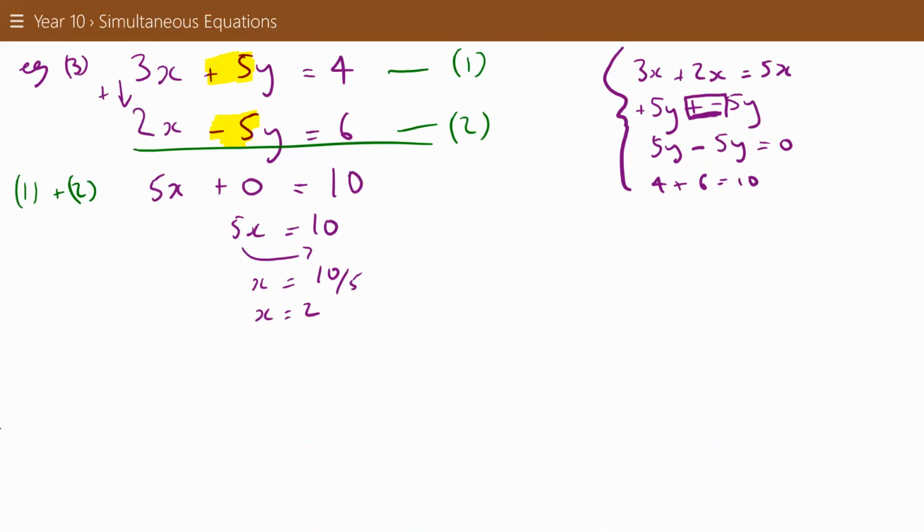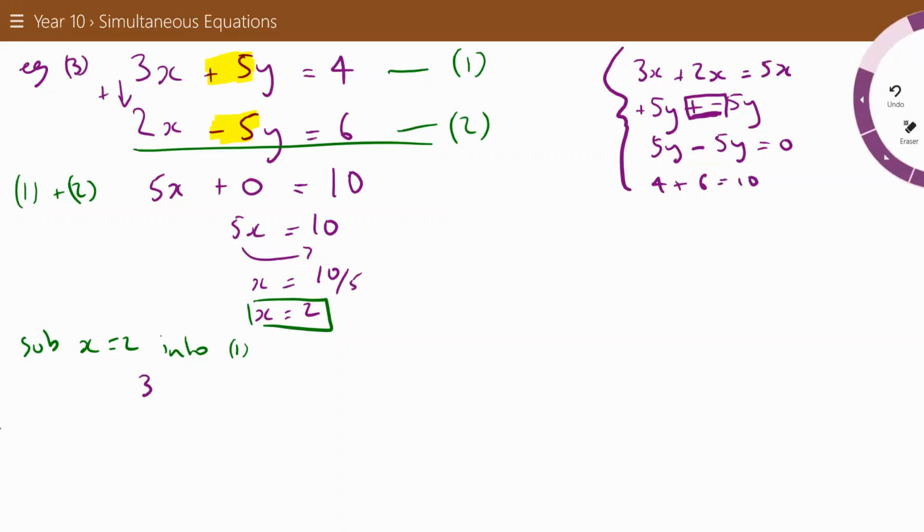So again, same thing, sub x equals 2 into, have a look at your equations. Does one look a bit nicer to deal with than the other? I'm going to put it into this first one because there's a minus here and it's just not as nice to deal with, so I'm going to put it into 1.